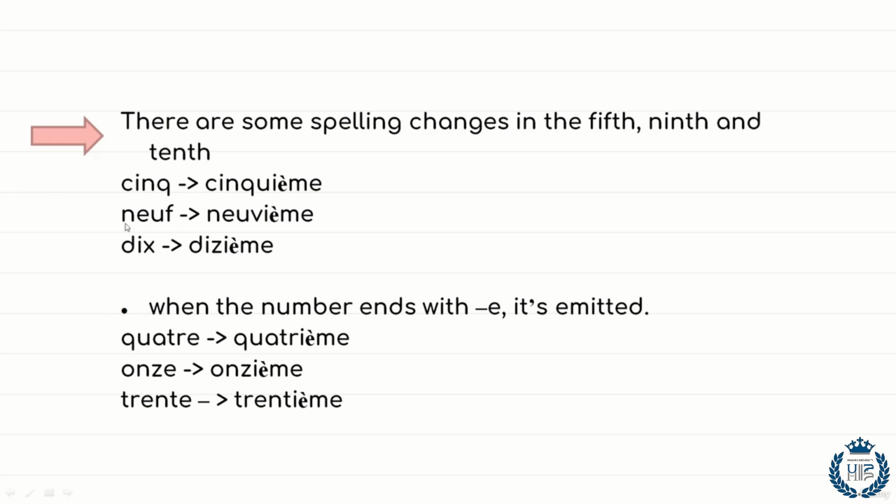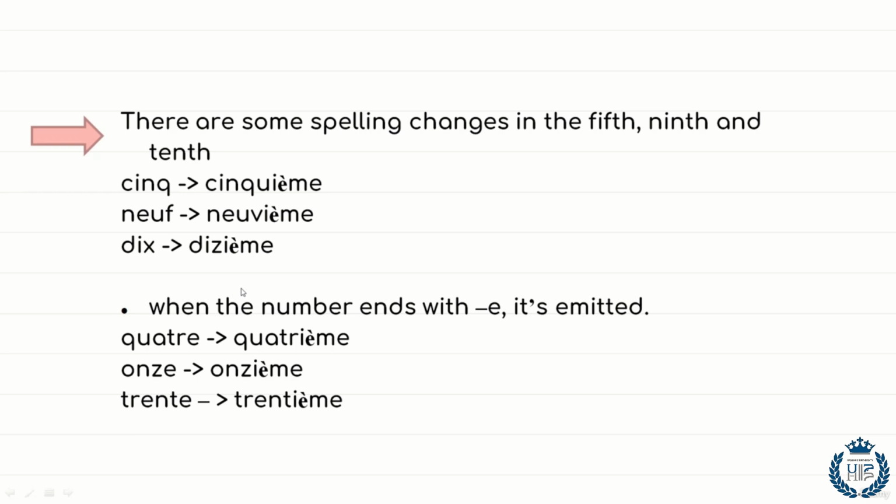And when we say neuf and we put ième, we have this v. And when we take dix and we put ième, the x becomes z. So it's dixième. So be careful with the spelling changes with these three.